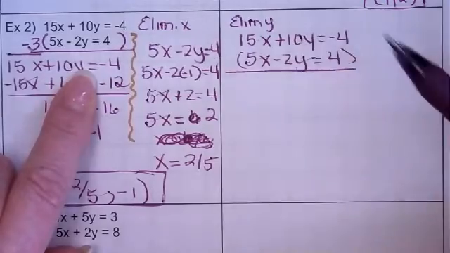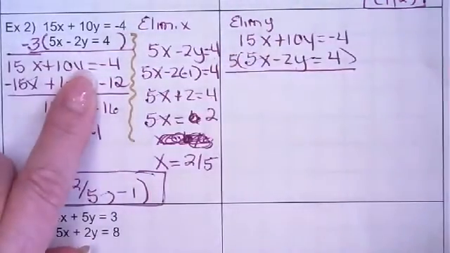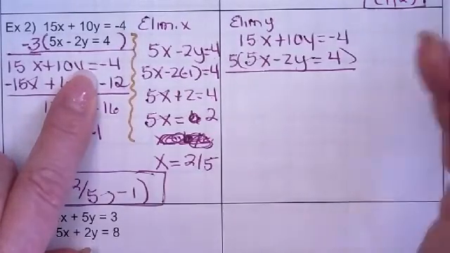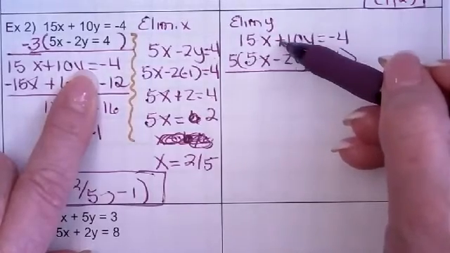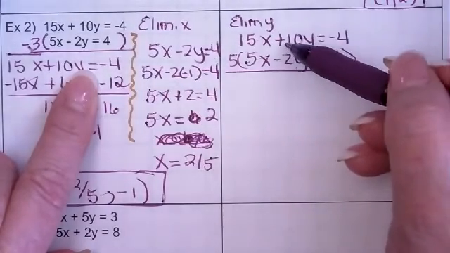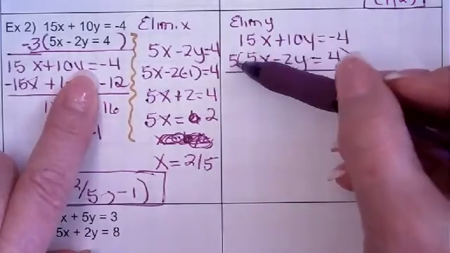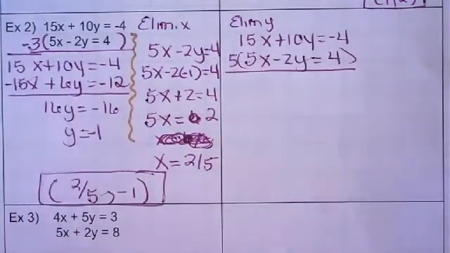Oh, that's 5, okay? Now, does it need to be positive or negative? Positive works perfect because notice my signs right here. Aren't they already opposites? One's plus, one's minus. Okay. If the signs were exactly the same, I would have made that a negative number like I did right here in the first method.